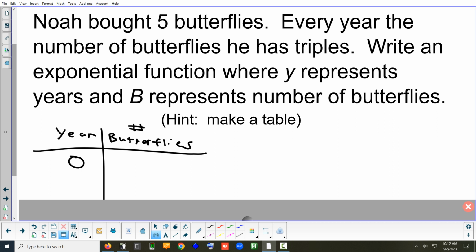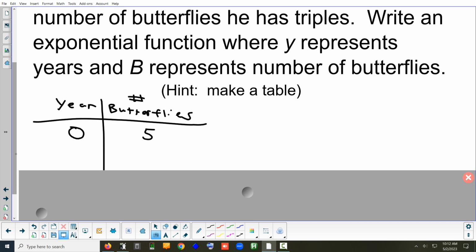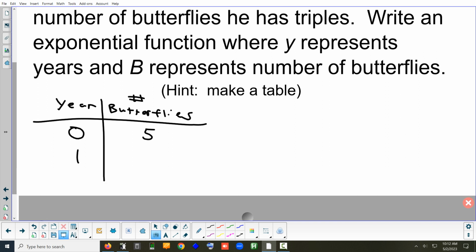And how many butterflies did he have at the beginning? When this whole thing started, he started with how many after he went to the store? 5. So at the very beginning of his butterfly collection, there were 5 butterflies. Then let's go 1 year later.